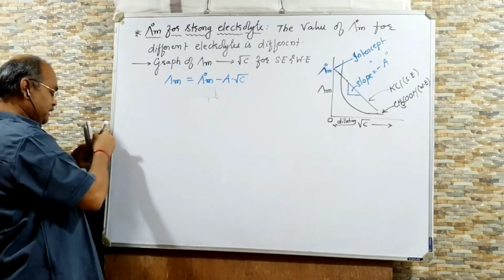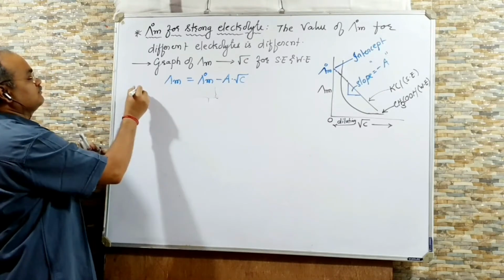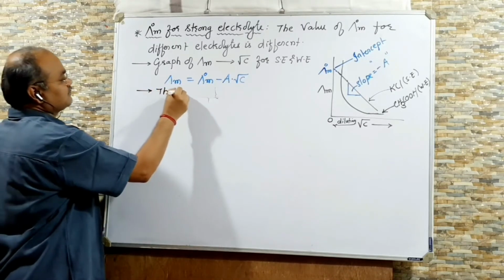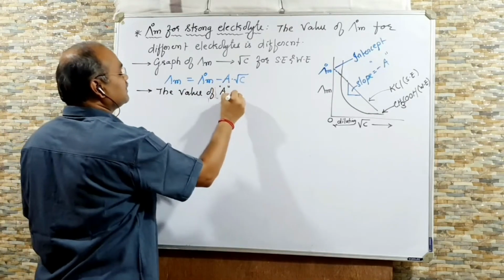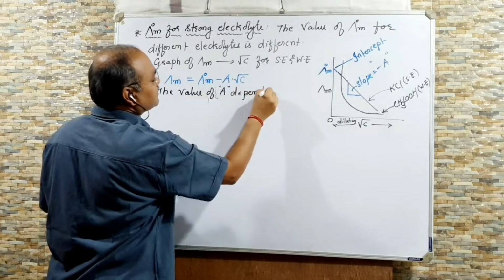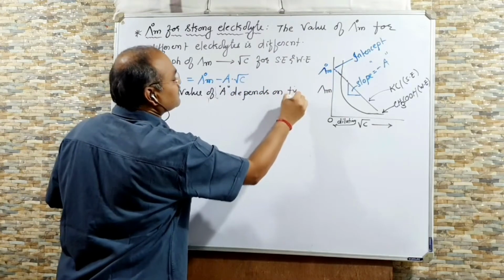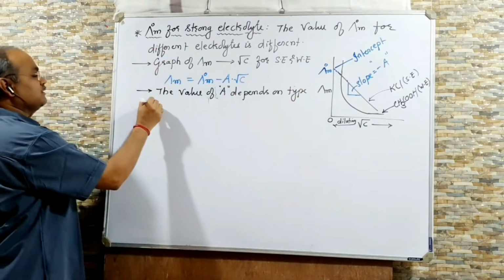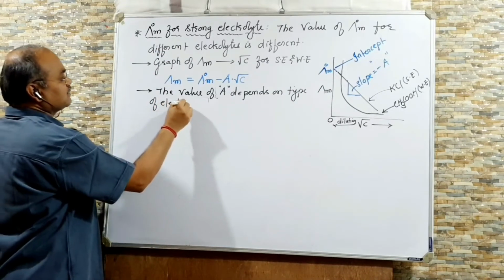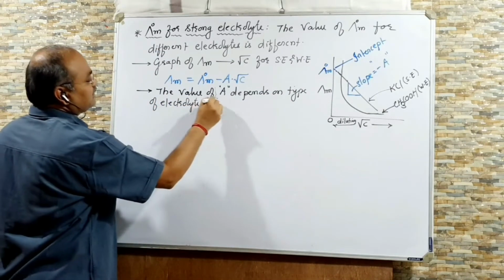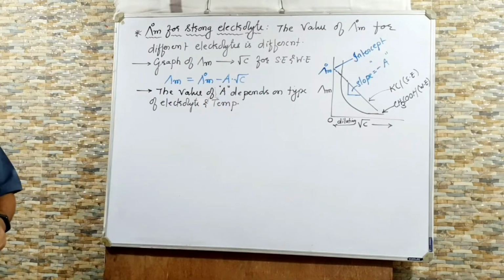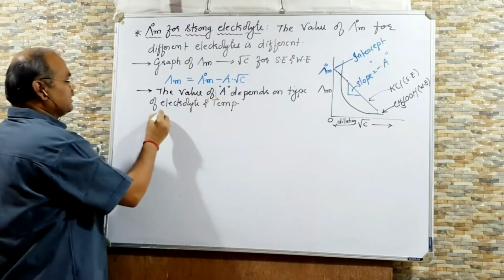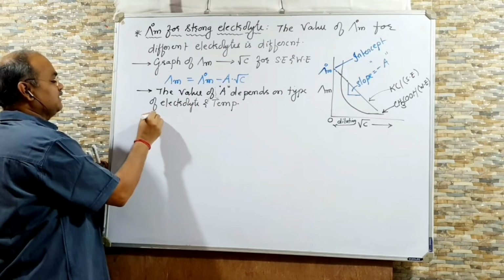Now the value of a depends on type of electrolyte and temperature. Now you can say nature of electrolyte.